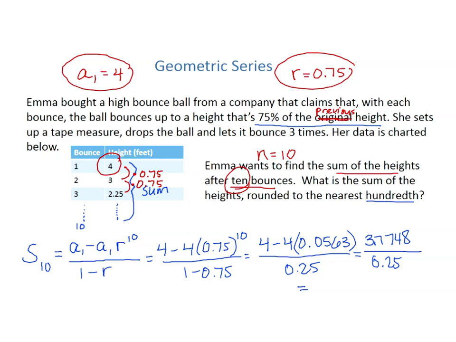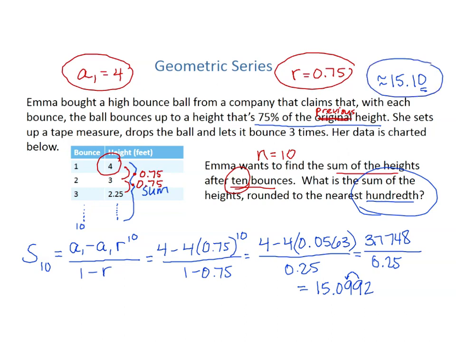And I get 15.0992. So if I'm rounding that to the nearest hundredth, then it would be about 15.10, right? Because this 9 would make this 9 round up. So 15 and 10 hundredths, or 15 and 1/10. But it did say nearest hundredth, so you should include that last 0. All right, that's our final answer for this one.